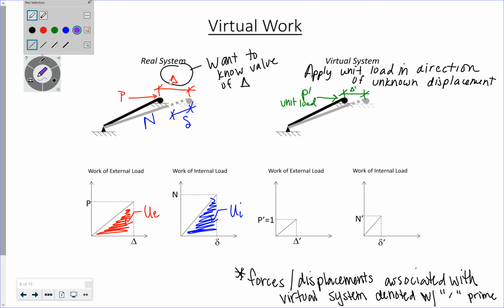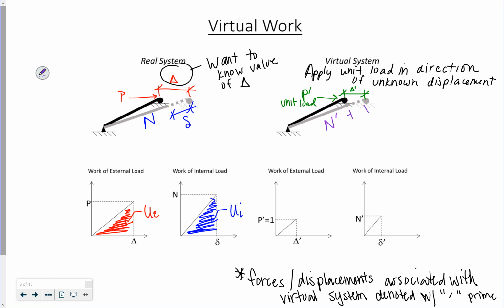And I'm going to have an internal load on that member N prime and an elongation delta prime.